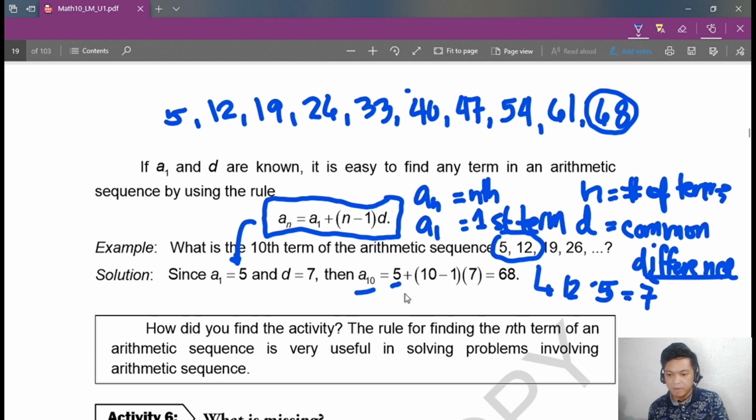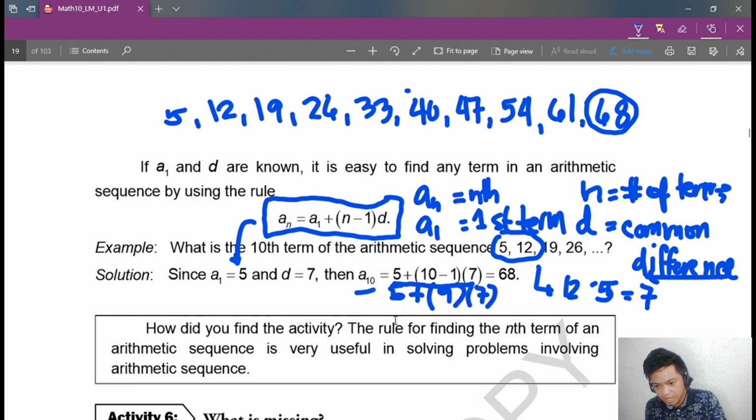You follow the PEMDAS: parentheses, exponent, multiplication, division, in simplifying this one. Mangyayari dyan, mauna talaga, anong mauna dito? Yung sa loob ng parentheses. So, that is 5 plus, 10 minus 1 is 9, times 7. Ano mauna? Addition or multiplication? You multiply first.